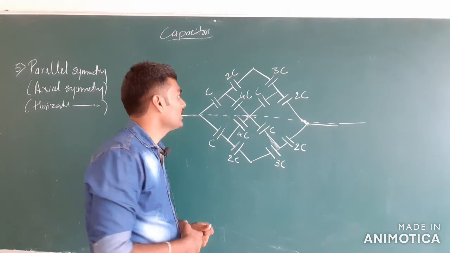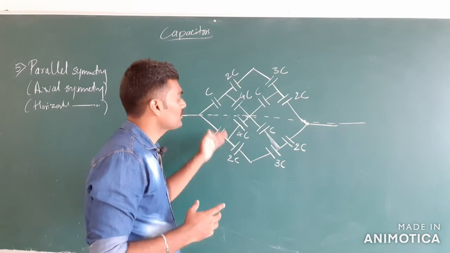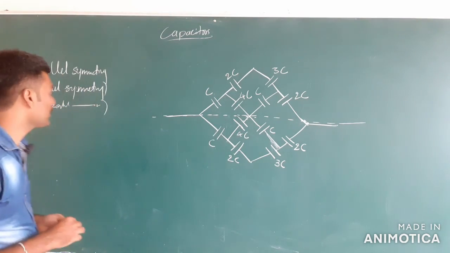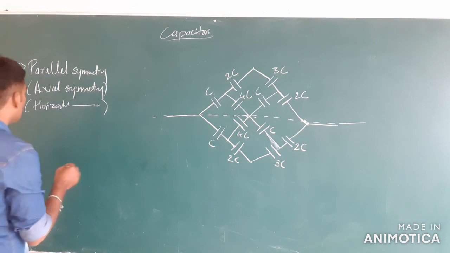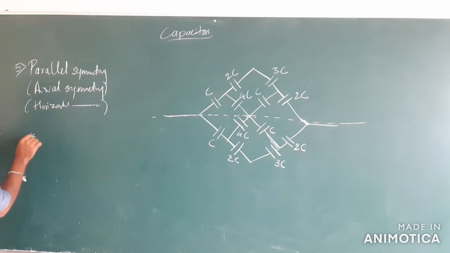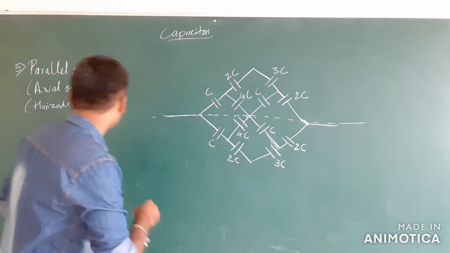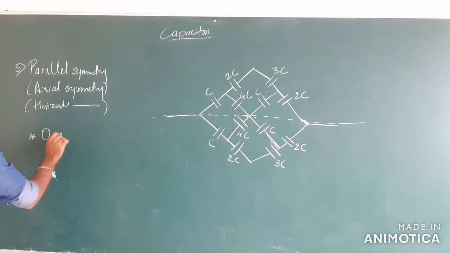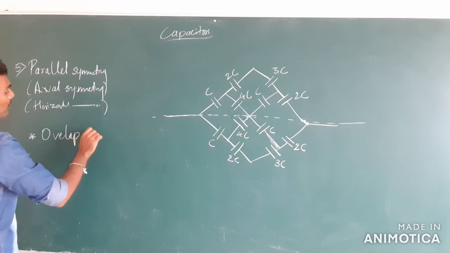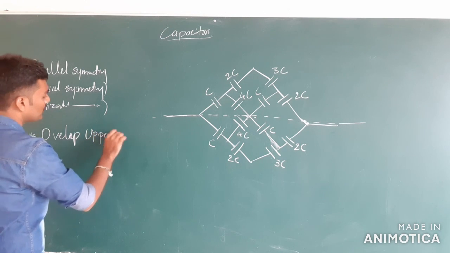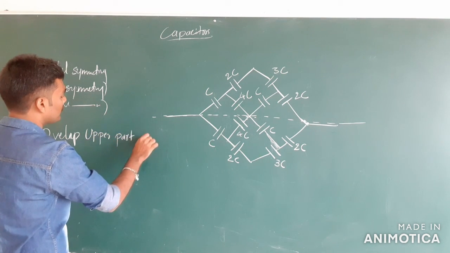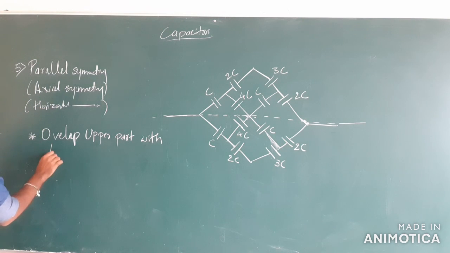Now we shall see how to reduce a horizontally symmetric circuit. Take this note, if you have a horizontally symmetric circuit, then you can overlap the upper part with the lower part.